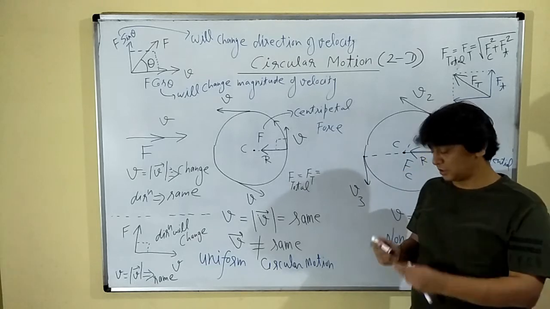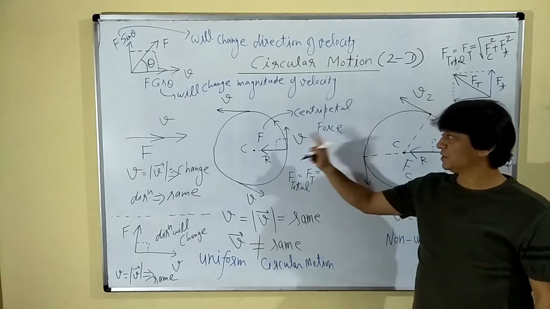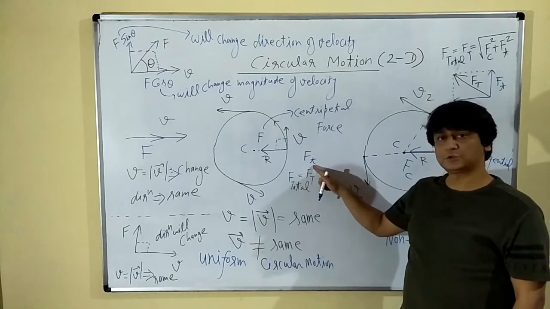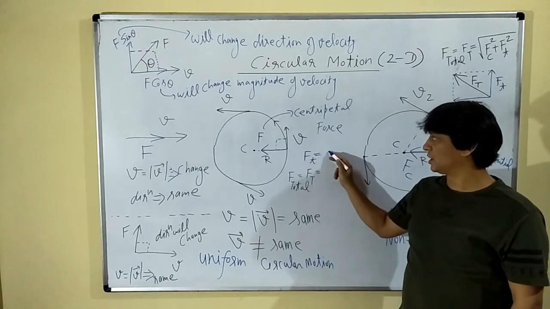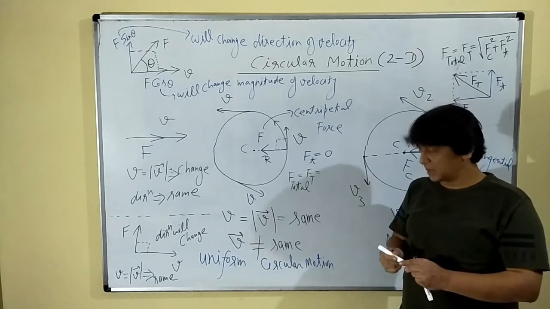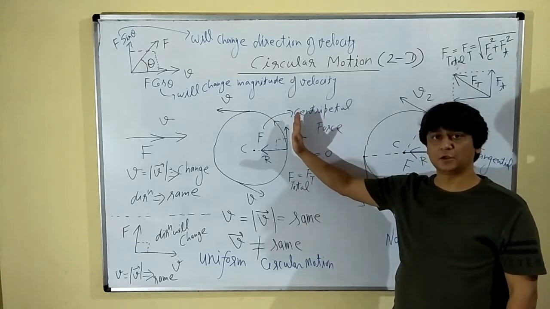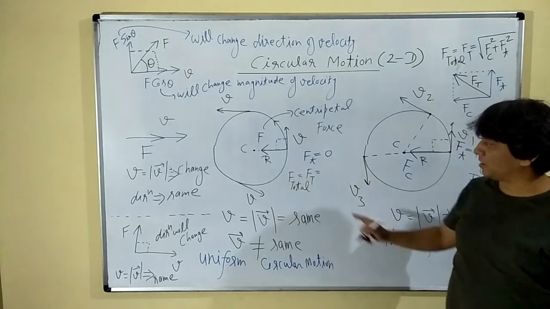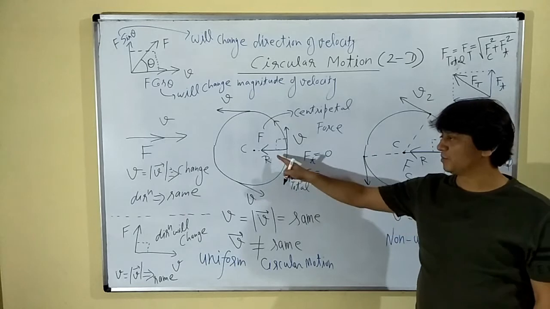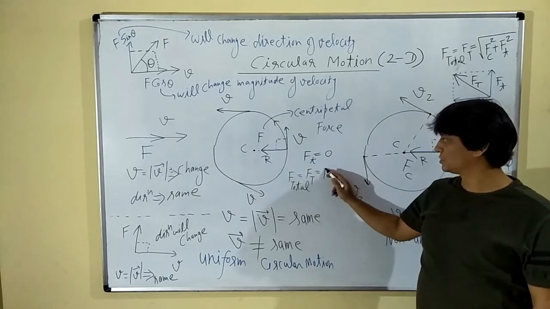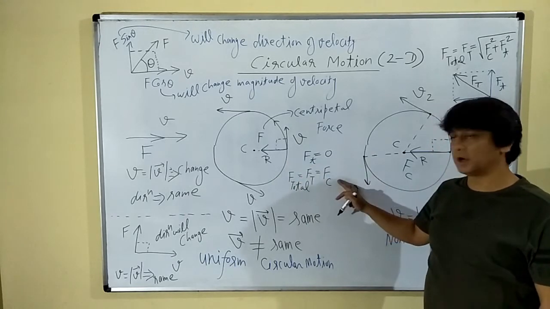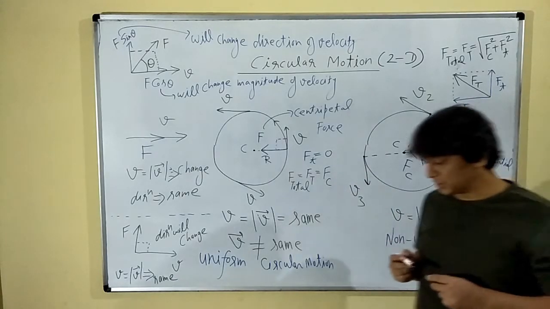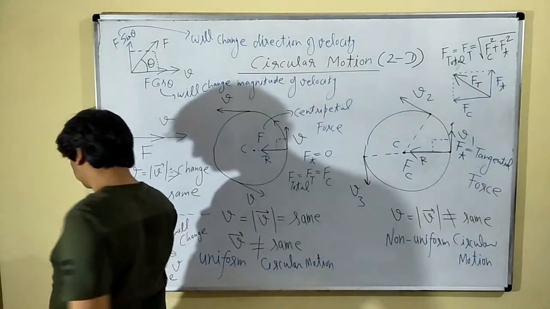You can say that in this situation tangential force small t is what? 0. अगर टेंजेंशियल नहीं है तो फिर केवल कौन प्रेजेंट है? सेंट्रीपिटल. अगर केवल सेंट्रीपिटल प्रेजेंट है तो इस सिचुएशन में हमारा टोटल फोर्स is nothing but centripetal force. Now write down these things in the statement form.